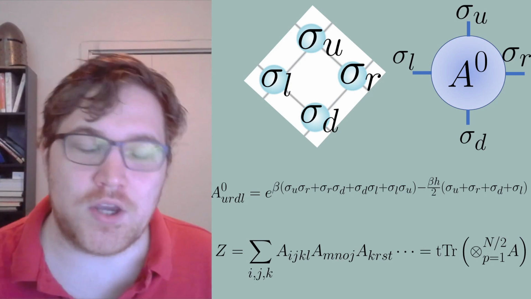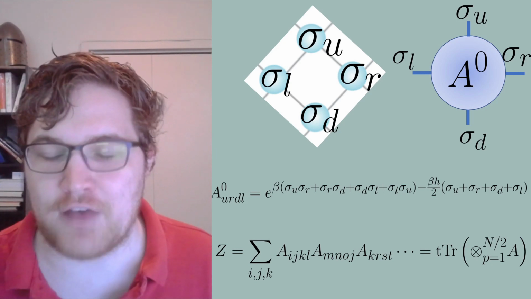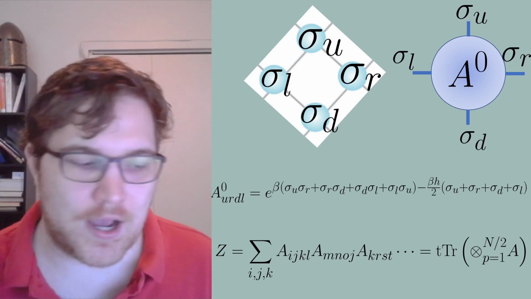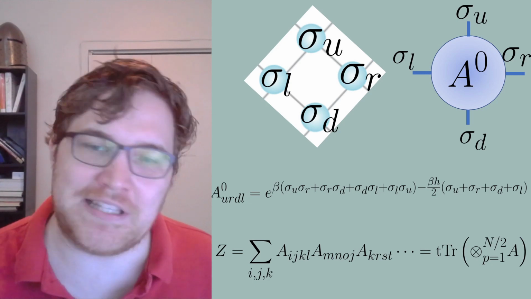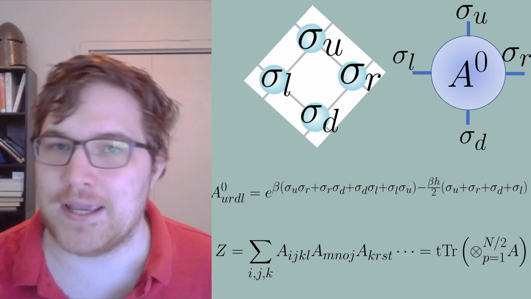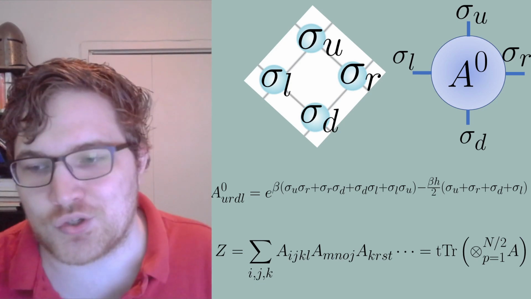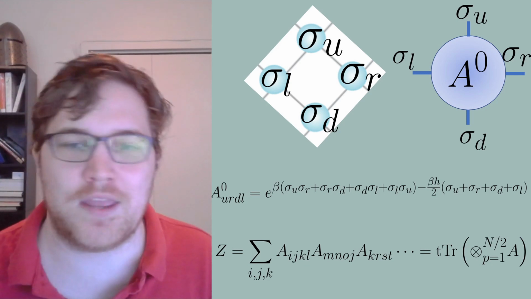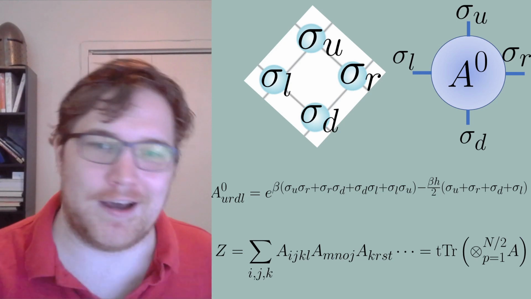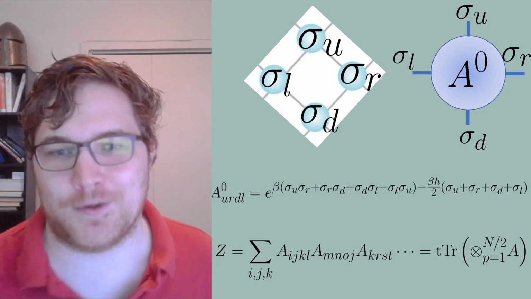As you have probably already guessed, if we have n total spins, we have half as many tensors, and the special t trace here is called a tensor trace. It tells us to sum over all of the indices in this extremely complicated way that we see on the left-hand side here.